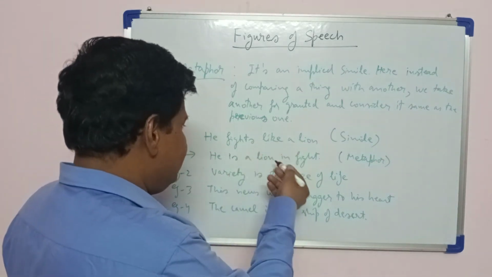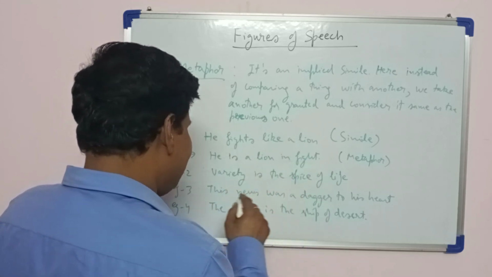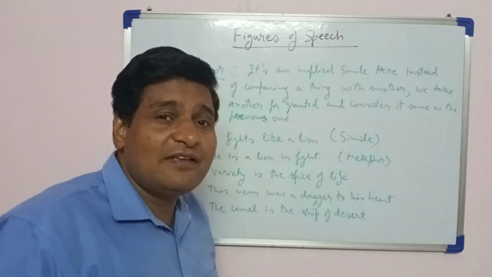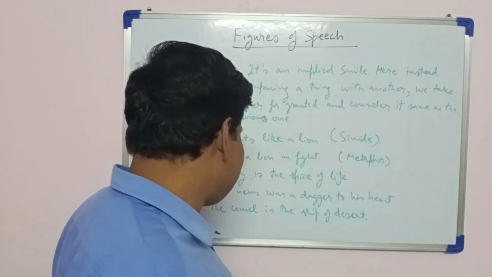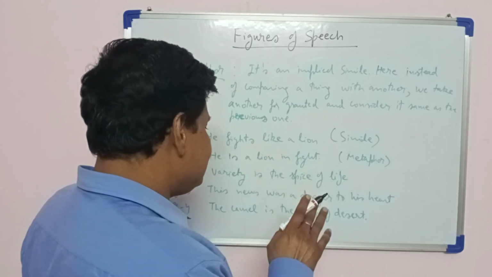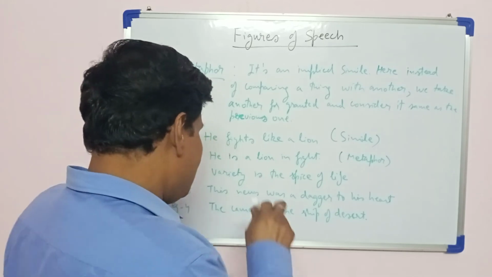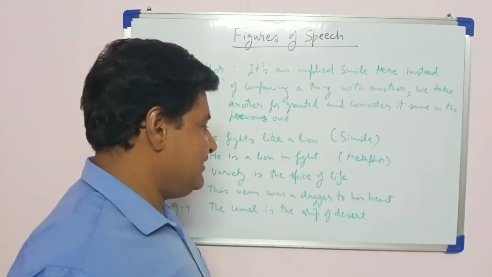You have understood this first one as I have explained it already. Variety is the spice of life. What is the spice of life? Variety. It is not said here that spice and variety are called by the same name. What is variety? It is the spice of life.